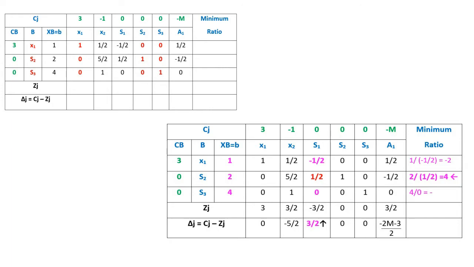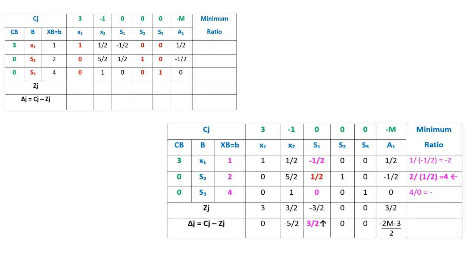So 3 plus 0 plus 0 is equal to 3. So the first value of Zj is 3. Same way calculate the next value of Zj, considering columns CB and x2: 3 into 1 by 2 is 3 by 2, 0 into 5 by 2 is 0 and 0 into 1 is 0. So the final value of Zj is 3 by 2. Same way you have to calculate the other values of Zj.